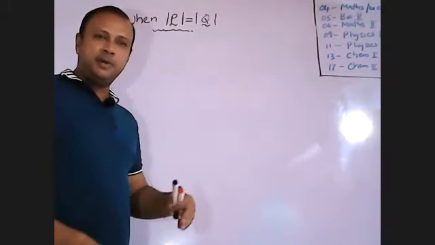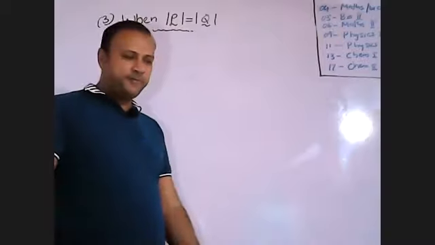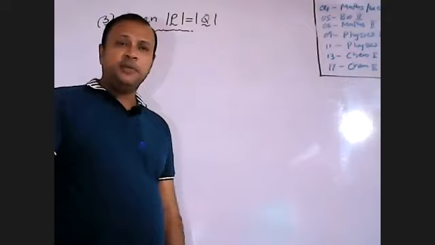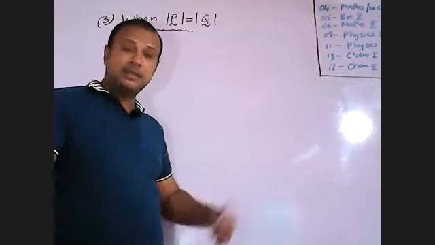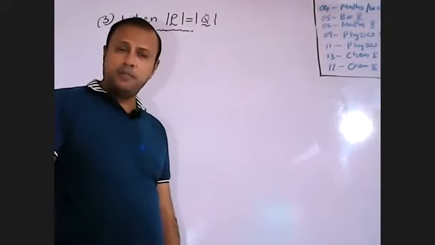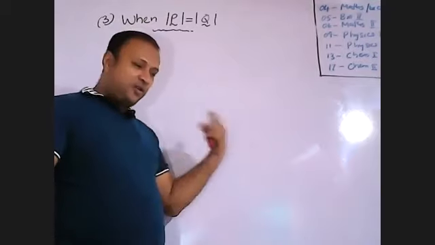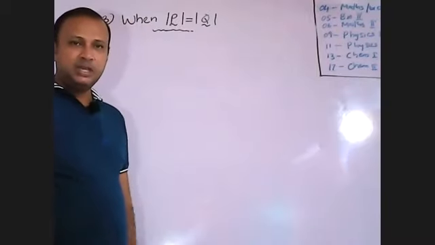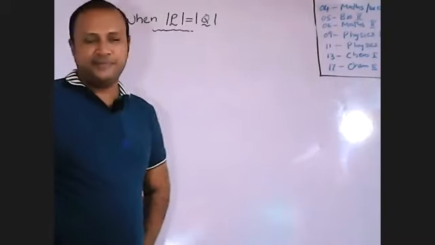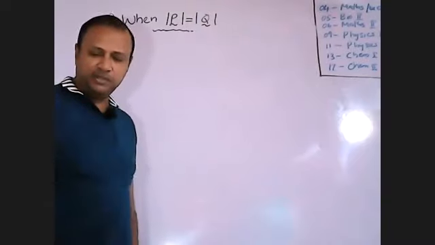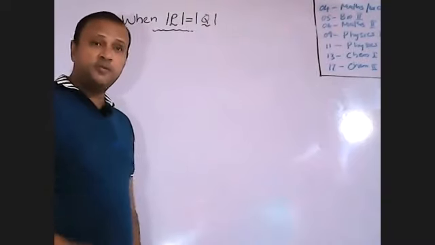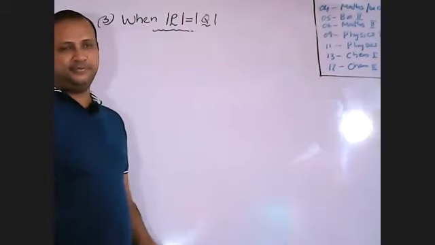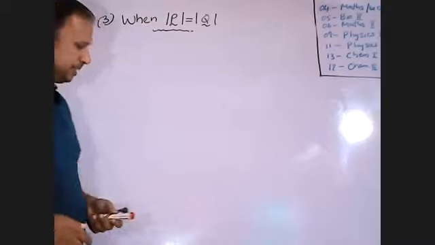Okay, that means if A plus B is perpendicular to A minus B, the parallelogram should be a square or rhombus. Now we are going to derive an equation to find R and D. Already we have discussed R, but now we are going to derive an equation to determine D. Okay, let's do it.